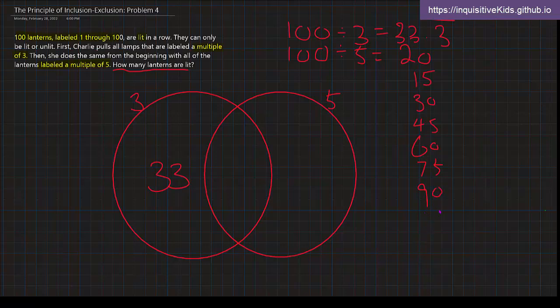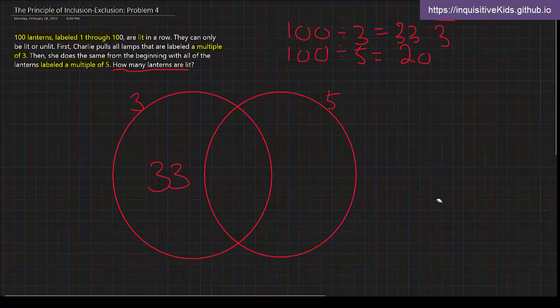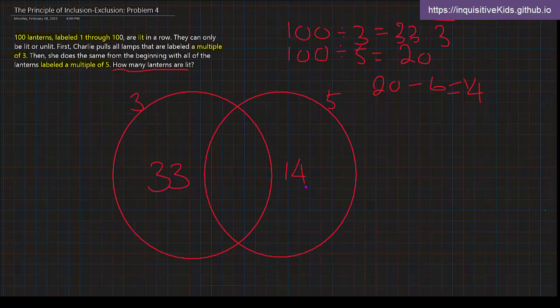If I add another one, it would be 105, and that would be over 100. So in total, there are 1, 2, 3, 4, 5, 6 of these. So what we're going to do is subtract 6 from this 20, because we don't want to recount that shared part. So 20 minus 6 equals 14. So right here, it's 14.